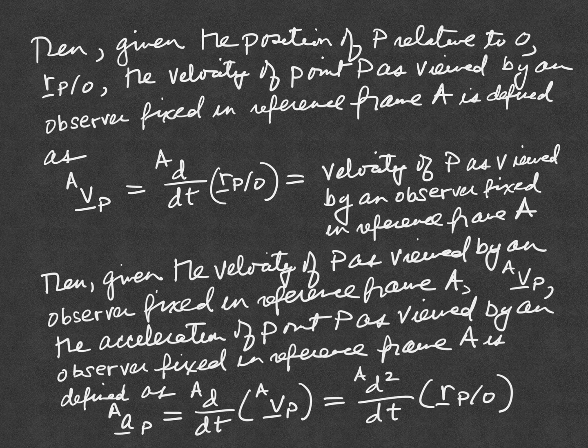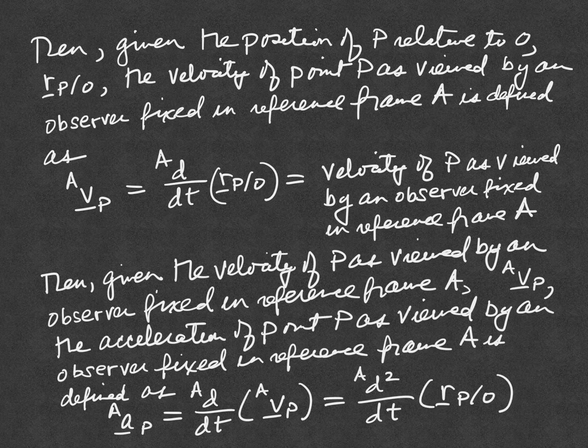Now, what these definitions establish is if I'm given a position of a point relative to another point, so in this case it's the position of P relative to O, and the point from which I'm measuring distances is fixed in a reference frame A, then the rate of change of the position of P relative to O is the velocity of that point as viewed by an observer fixed in that reference frame.